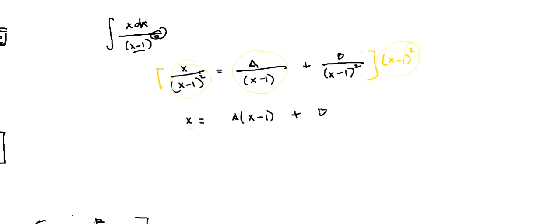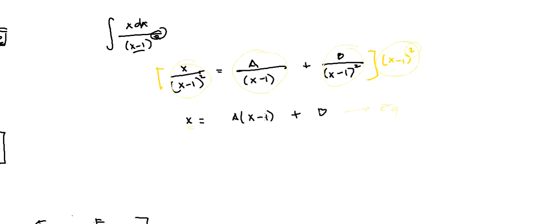Then for B, we cancel out (x minus 1) raised to 2. Okay, so all in all, this is now our new equation, and our next step is to resolve the value of A and B.